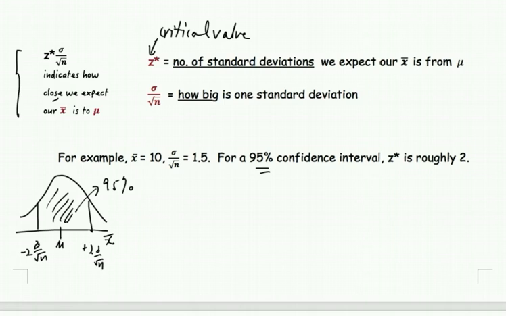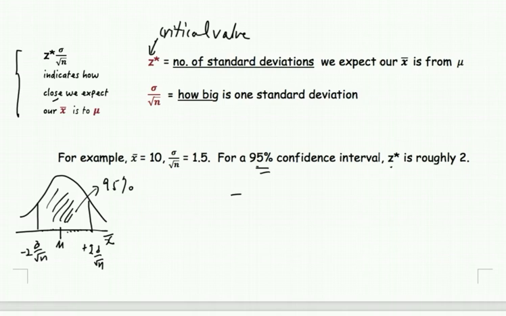We expect our sample mean to be somewhere within the +2 and -2 neighborhood of mu. So as a researcher, you don't have to choose 95. You can choose 80%. Then you will have a different z value. So because we are choosing 95%, our z star is roughly 2.